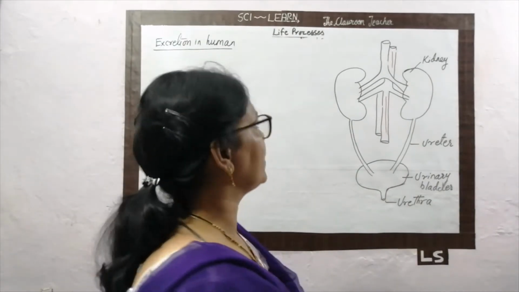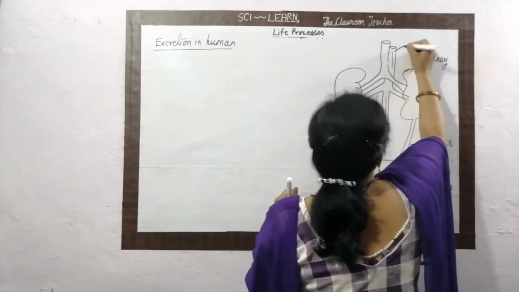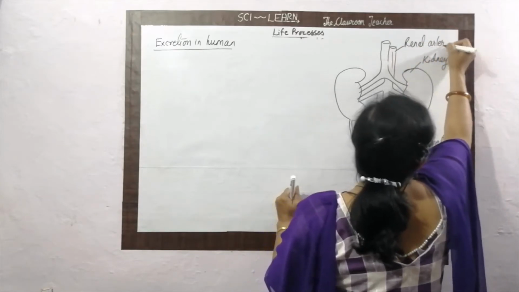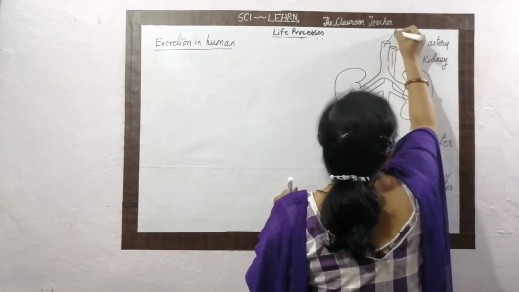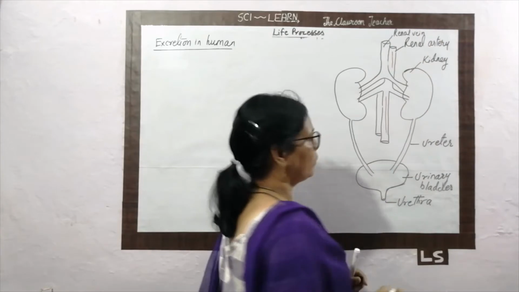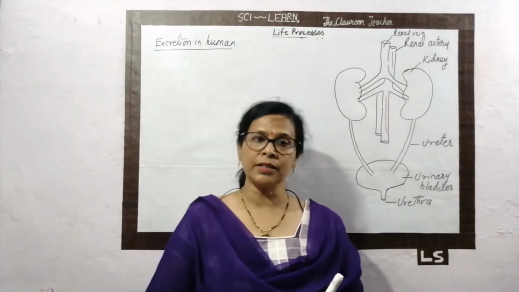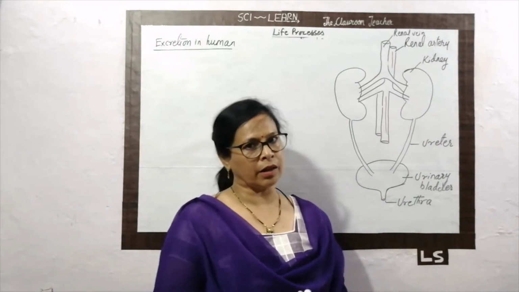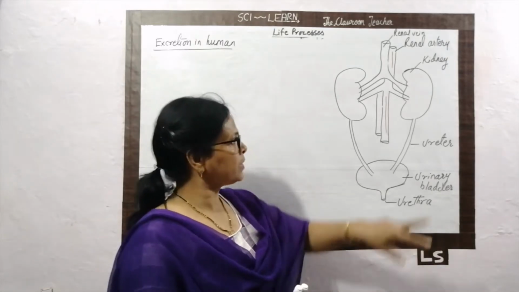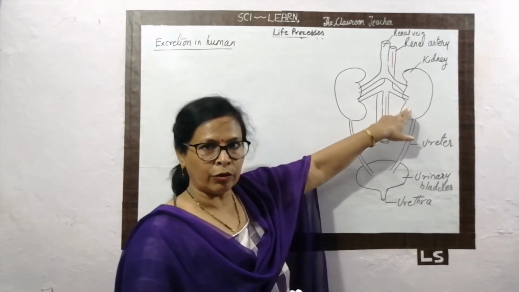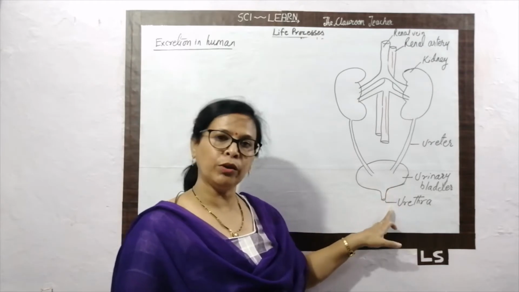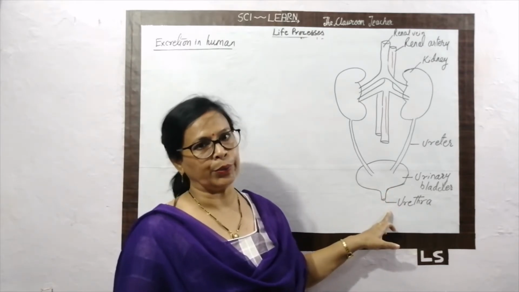These are the vessels. This is called the renal artery, and this is called the renal vein. The circulatory system in the human being is regulated with the help of this organ system, which includes a pair of kidneys, a pair of ureters, one urinary bladder, and one opening of the urinary bladder, called the urethra.